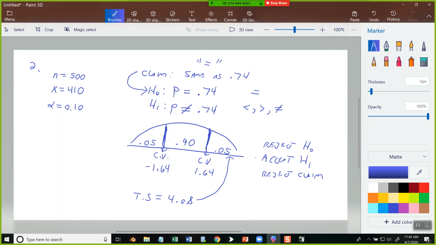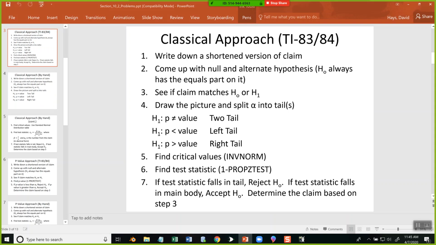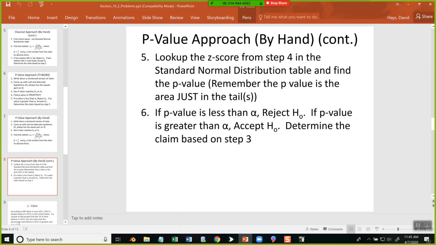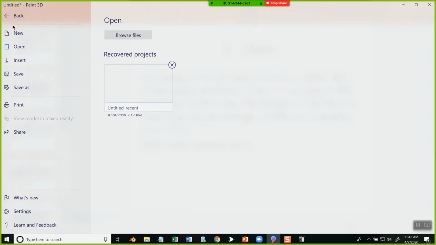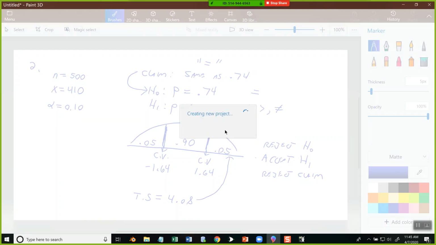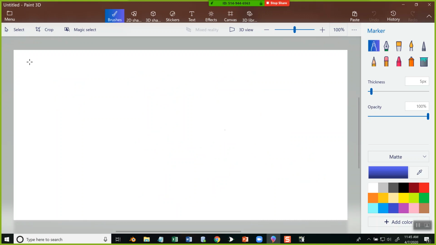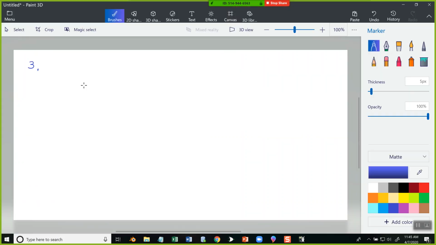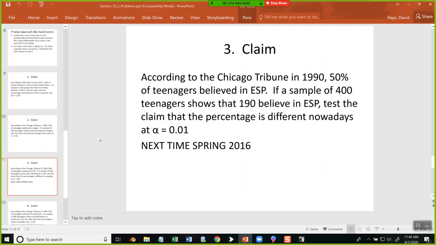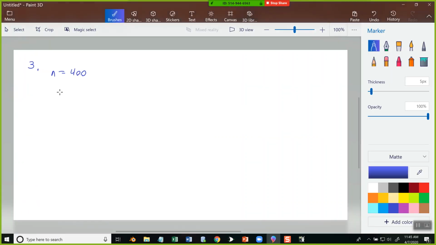Let's look at one more using the classical approach, and then we'll go to the p-value approach. Let's look at number 3. According to the Chicago Tribune, in 1990, 50% of teenagers believed in ESP. If a sample of 400 teenagers, so that sounds like our sample size, n is equal to 400, shows that 190 believe in ESP, so X is 190.